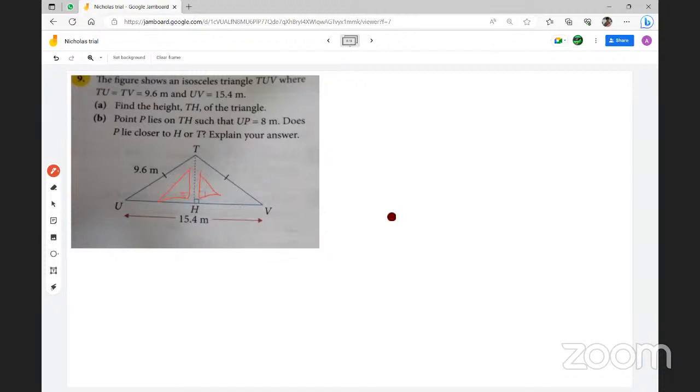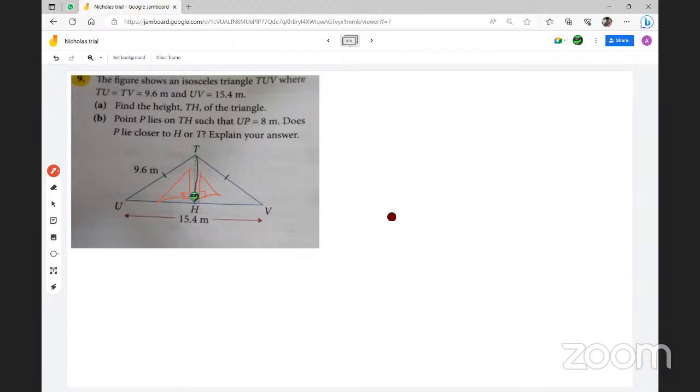Okay, forgive my ugly drawing. So, can you find TH? Do you have any idea how to do so? Can you find TH? TH?